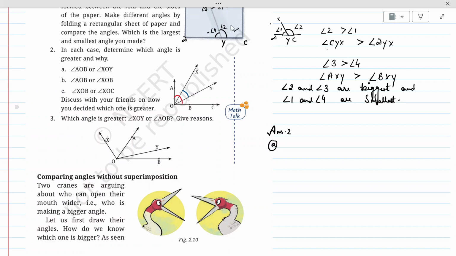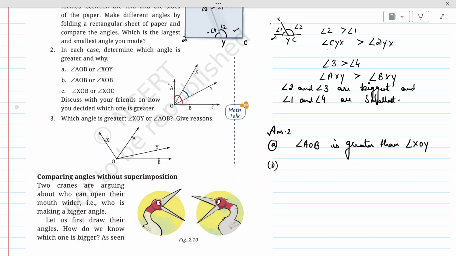So that means angle AOB is greater than angle XOY. We can very well see, and also it will take more rotation to move to the other arm. Next is question number B.